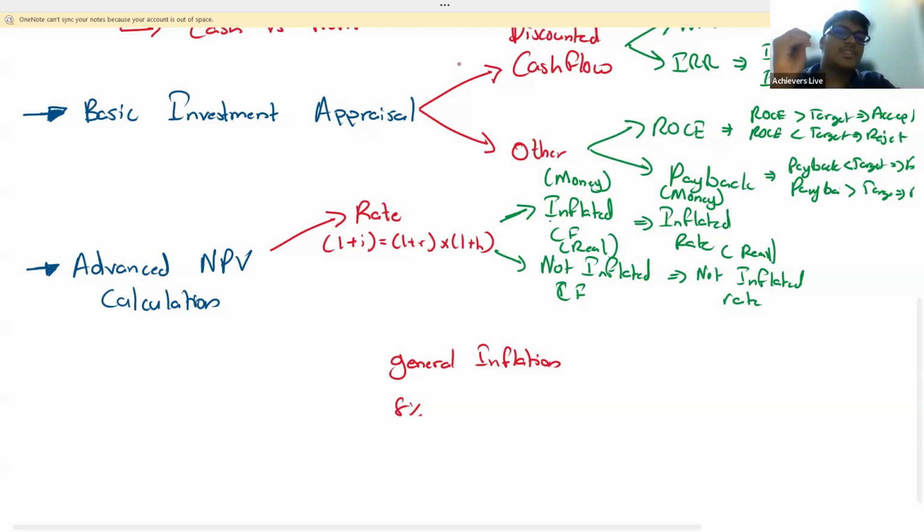You can inflate the cash flows and use the money method, or without inflating the cash flows, use the real rate to do the NPV calculation. It doesn't matter. If they have given one inflation rate, you can do whatever you want.